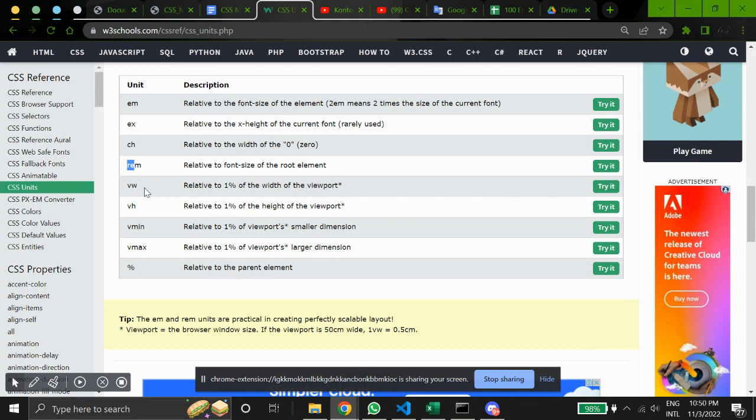And also we have vw, which stands for viewport width, which is relative to 1% of the width of the viewport. And also we have vh, or viewport height. The size is relative to 1% of the height of the viewport.